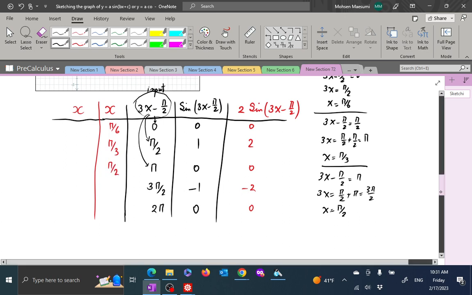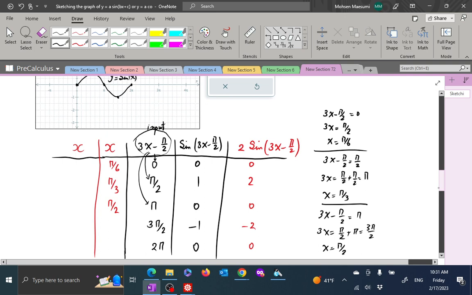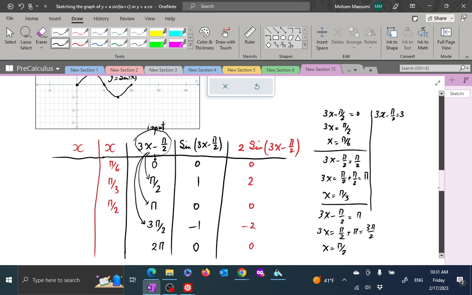Now I come back up here, and now I say input is 3 pi over 2, so 3x minus pi over 2 is 3 pi over 2, so 3x is pi over 2 plus 3 pi over 2. So you add them, common denominator 2, 1 pi and 3 pi is 4 pi over 2. So of course this is just 2 pi. x becomes 2 pi over 3.